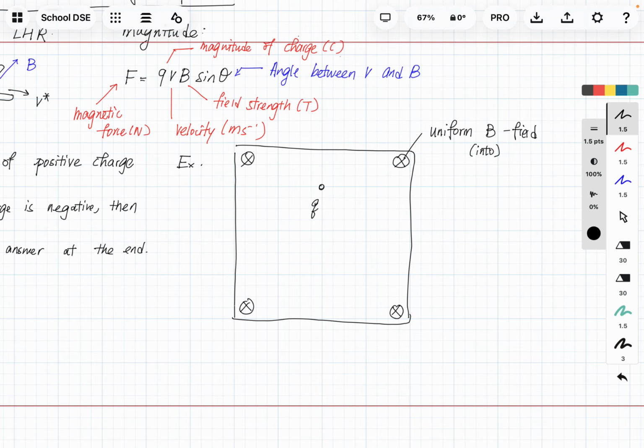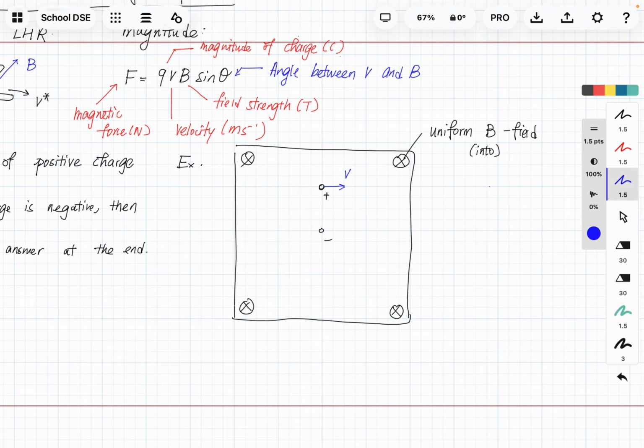So in other words, you can combine the magnetic force formula, which is QvB, taking sine theta equals 1, theta equals 90 degrees, and make it equal to the centripetal force, which is mv squared over r. The magnetic force equals the centripetal force.